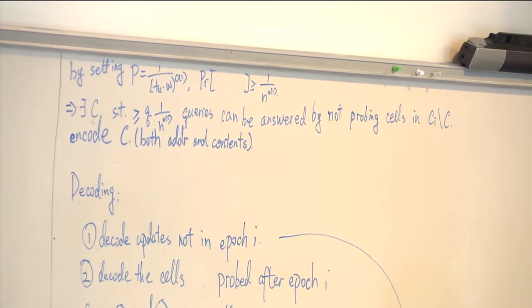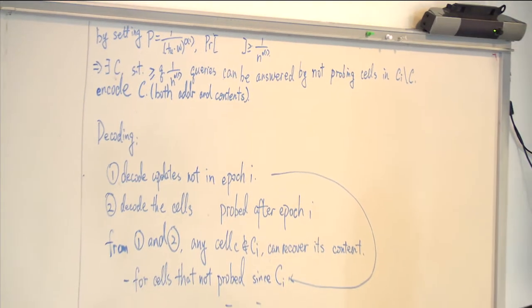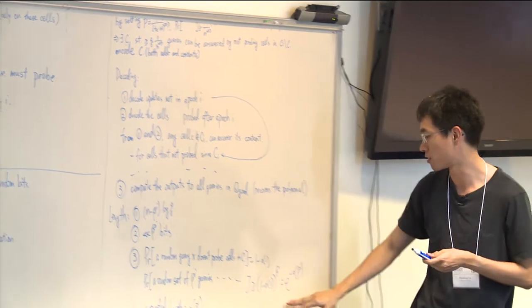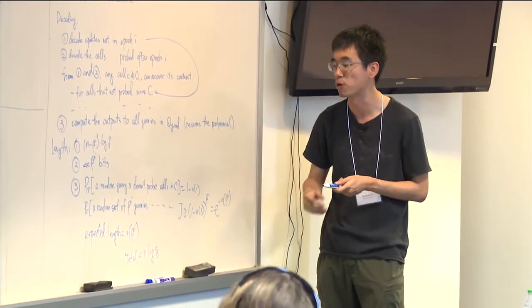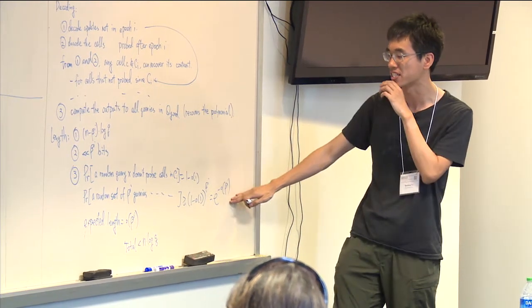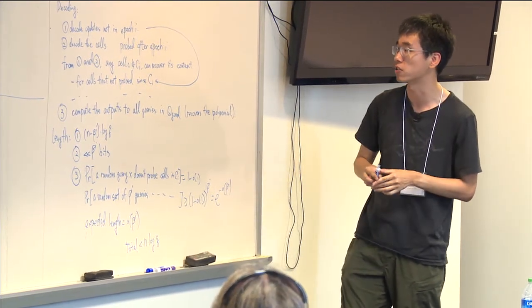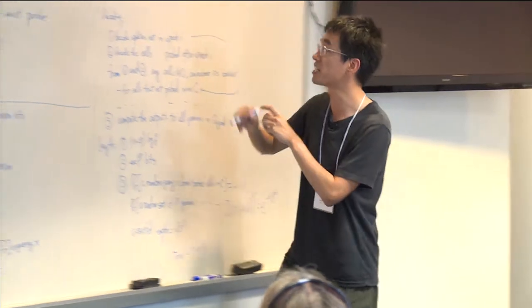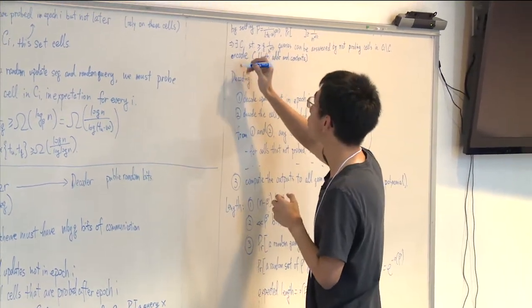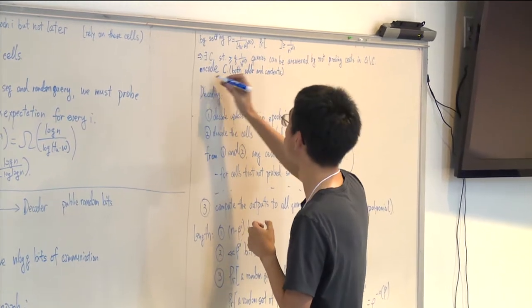Before, most of the queries can be answered without probing anything in Ci. So this calculation shows that the probability that a set of queries can be answered without looking at Ci is something like this. Here the probability is much lower, but we can still get a contradiction from that.